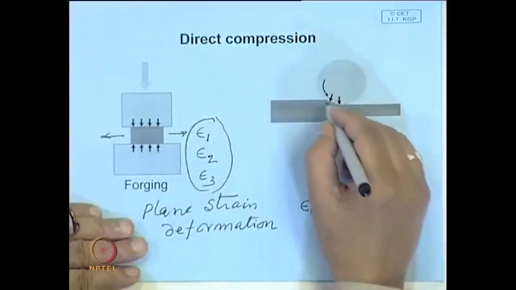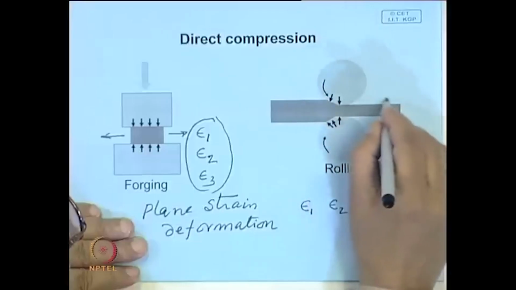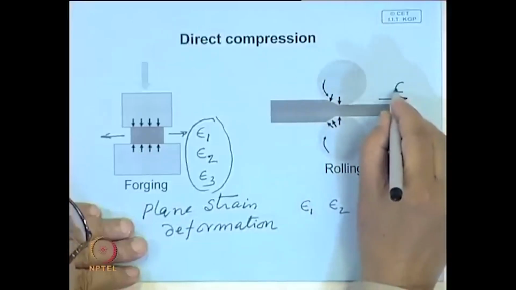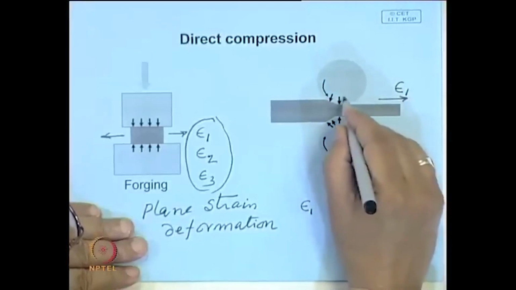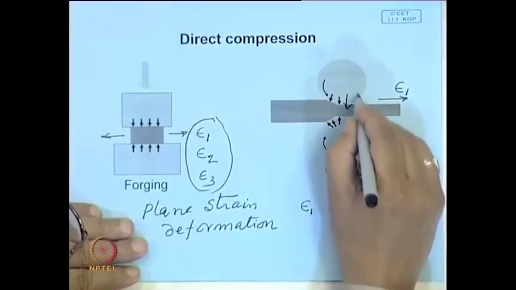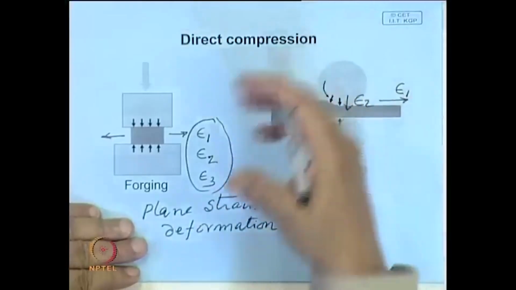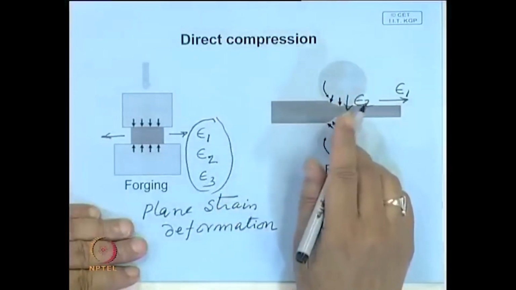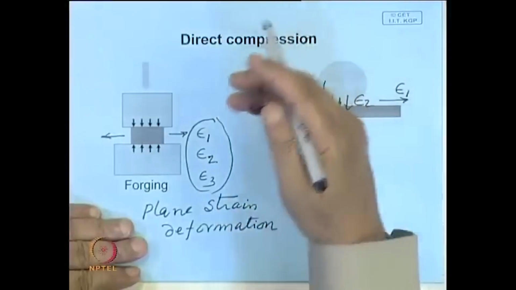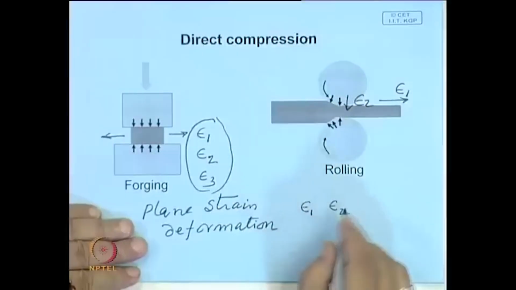Whereas, in case of rolling, the main strain in one direction is epsilon 1, and another is the thickness direction, epsilon 2. In the direction perpendicular to the plane there is not much strain.